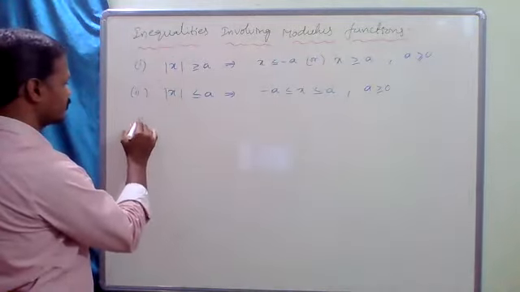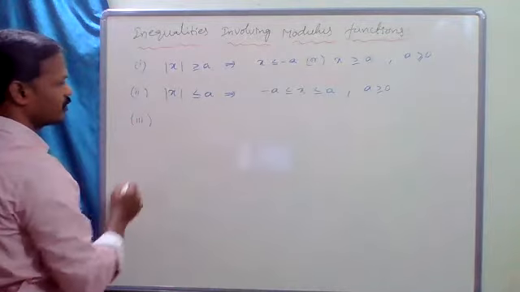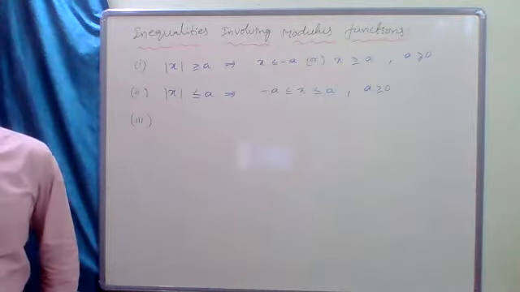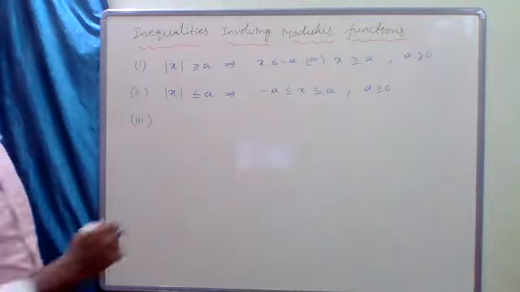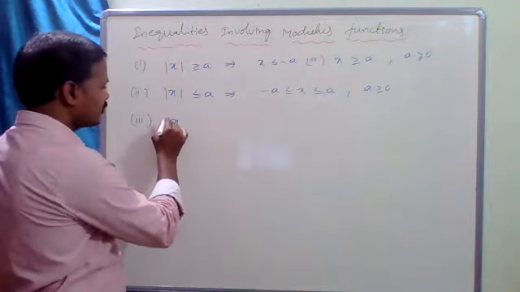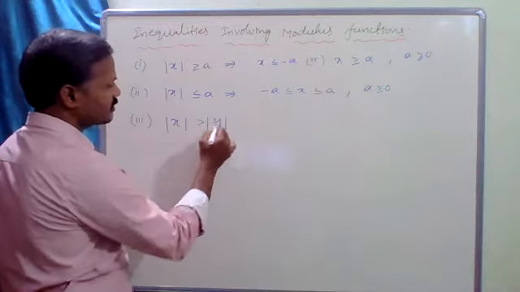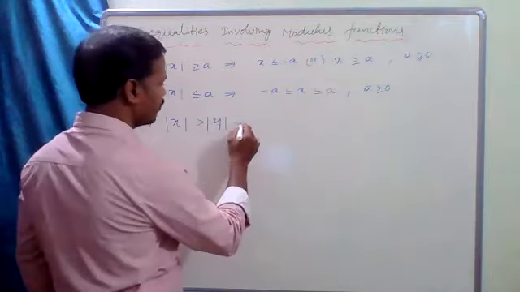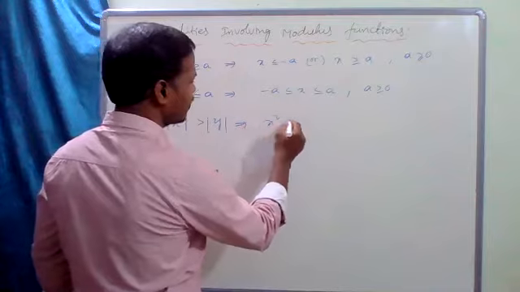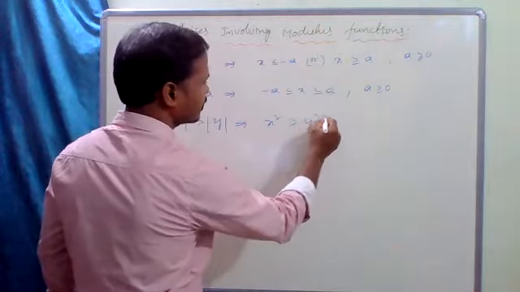Next, third case: mod x is greater than mod y implies x square is greater than y square.